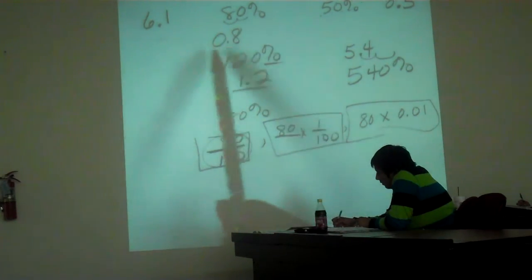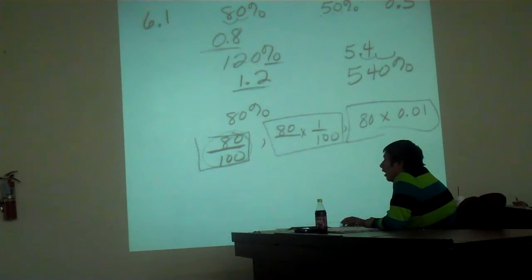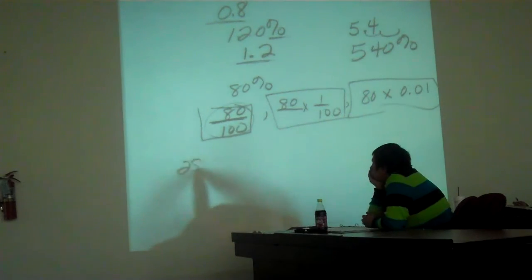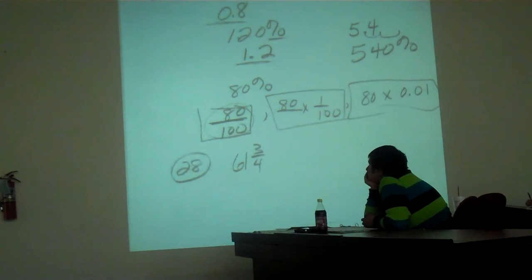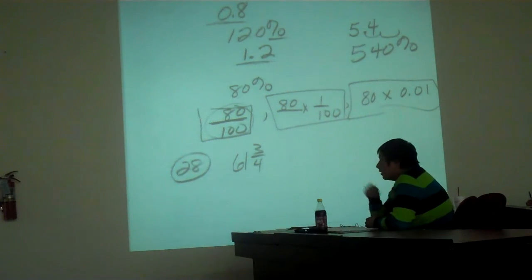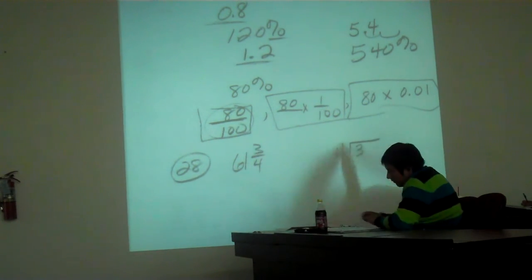The second part you have to do is just writing it with a decimal, okay? If you have a fraction, because you do have some like that, let's do number 28. You don't have to do that one. It says 61 3/4. The fraction part of it you need to turn into a decimal. Remember 3/4?